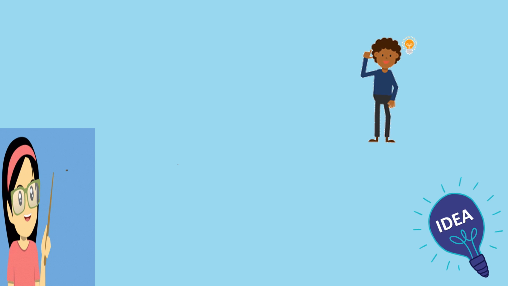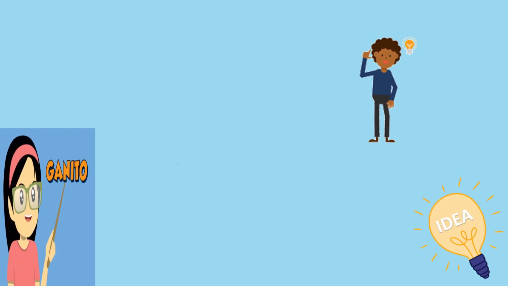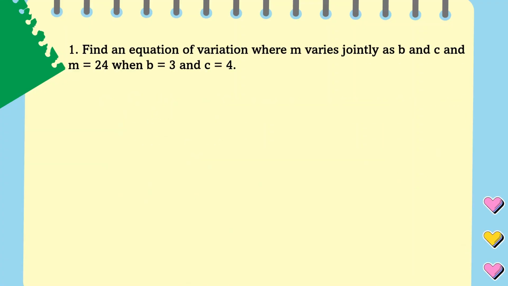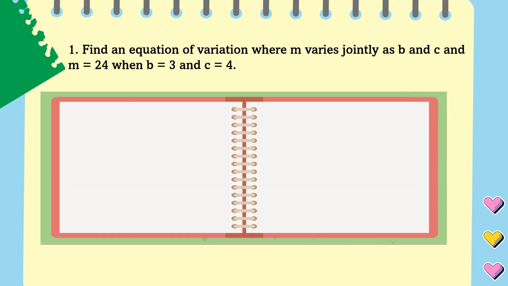Now let's have some examples. Find an equation of variation where m varies jointly as b and c, and m is equal to 24 when b is equal to 3 and c is equal to 4. So m varies jointly as b and c.